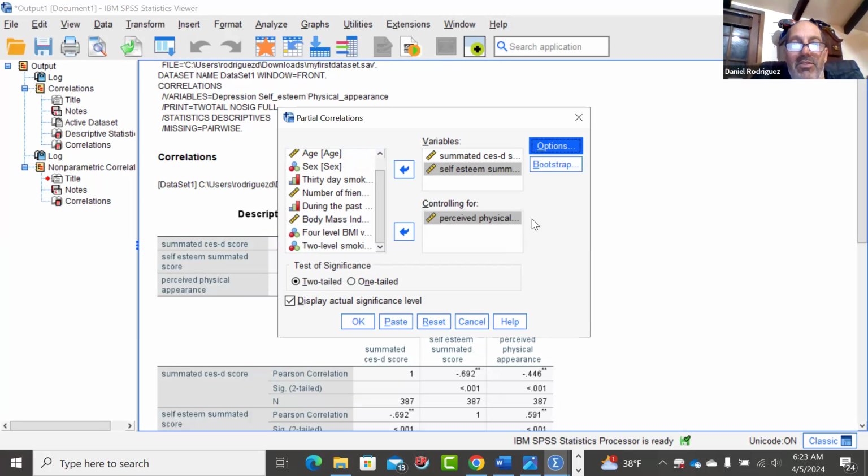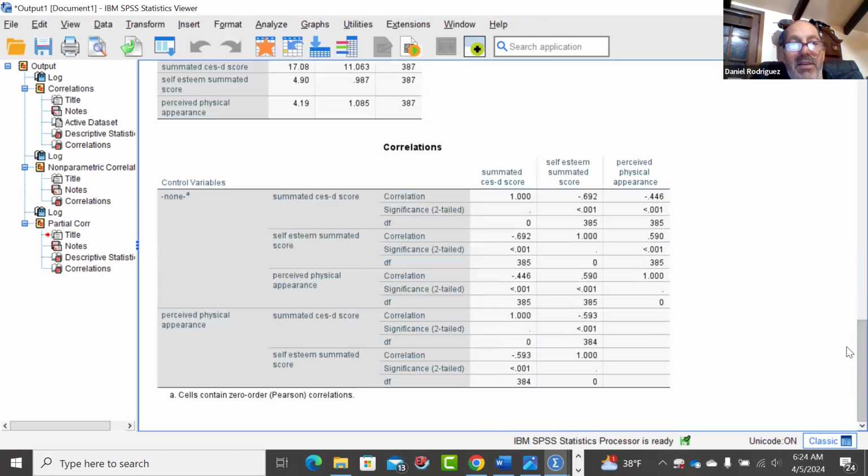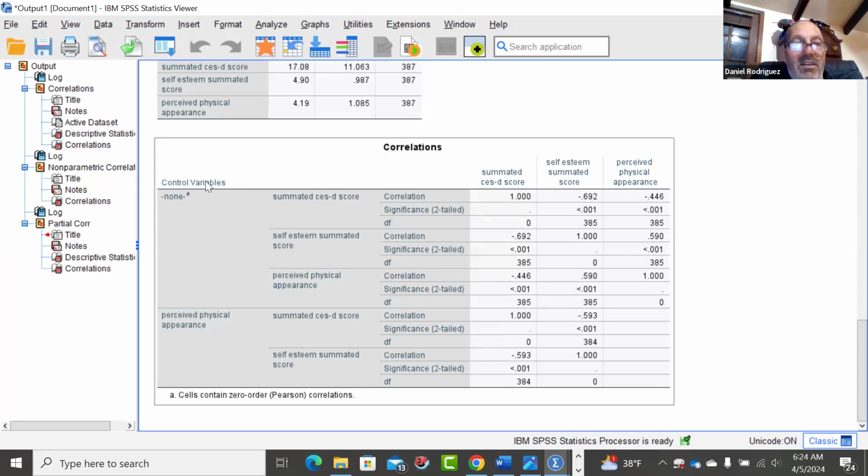If you're wondering what bootstrapping is, that's an interesting phenomenon for when we don't have, say, a normal distribution. We say, okay, we'll just use the distribution we have and sample from within it to create our own sampling distribution. So it's a way to deal with data that isn't normal. And hit OK. We get a similar correlation matrix, except now it says none, and then it shows the perceived physical appearance.